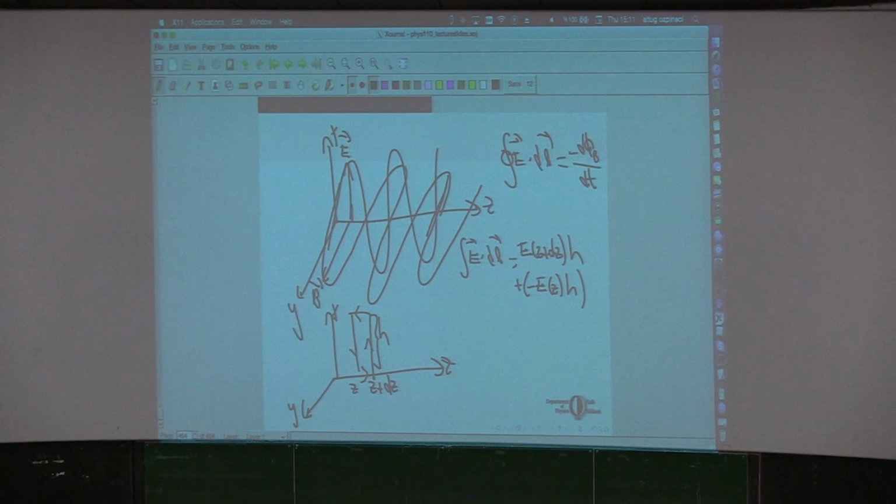So this will be equal to this difference, which is nothing but the derivative of the electric field with respect to Z times dz times h. You see, if you look at this difference and divide it by dz, you just get the derivative of the electric field.